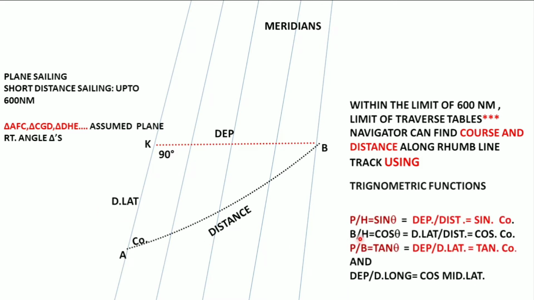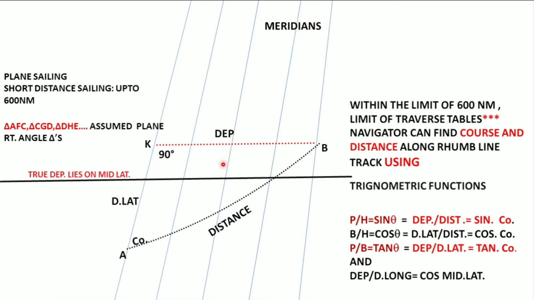So you can see I've used perpendicular by hypotenuse, sine. So departure by distance is sine course. Similarly, D.LAT by distance is cos course. Departure by D.LAT is tan course. And the formula we talked about as mid-lat sailing was departure by D-long is cos mid latitude, which we had modified after talking about parallel sailings, for sailing between two latitudes.